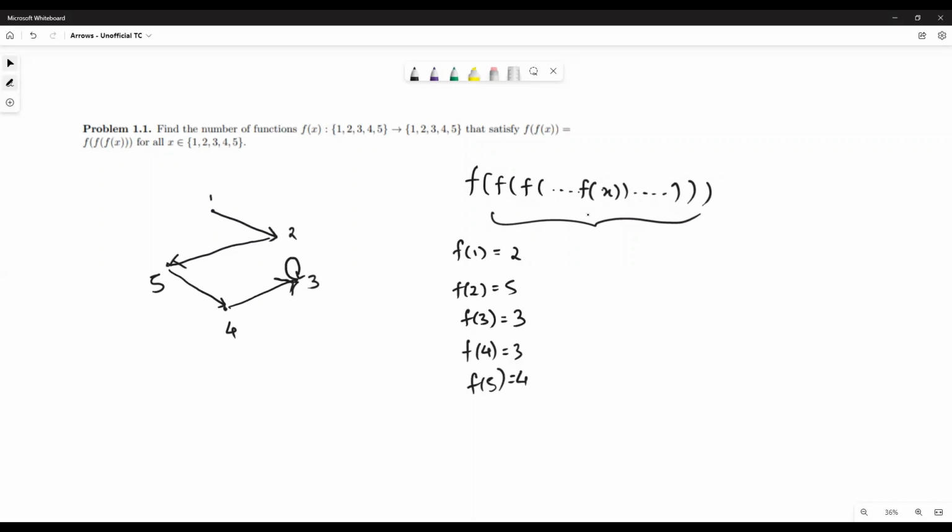Okay. Yes. So now what we want to see is you pick an element, go along 2 arrows. That's the same as you pick the same element and go along 3 arrows. That is, after the second arrow, the function maps to itself.